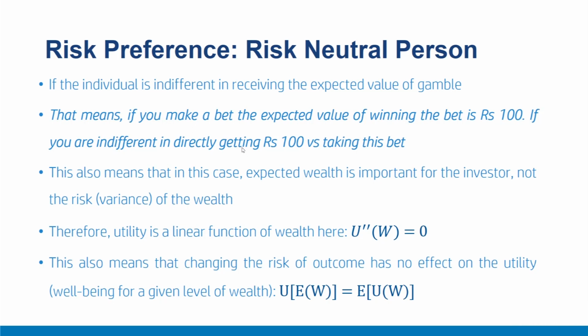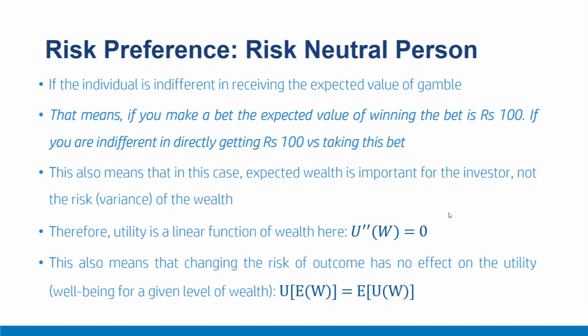For example, if you make a bet and the expected value of winning the bet is rupees 100, and you are indifferent between directly getting rupees 100 without playing this gamble and taking this bet, which includes different probabilities of different outcomes, including losses, this also means that expected wealth is important for you, not the variance or variability of this wealth or the risk of outcomes.